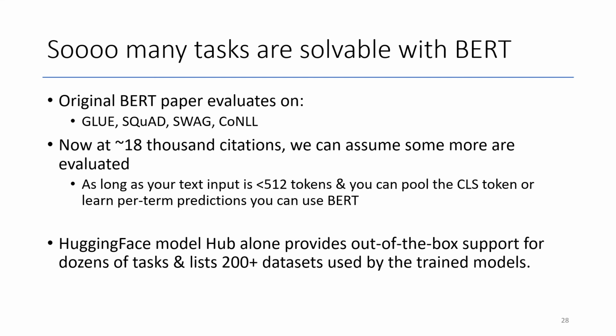So the original BERT paper evaluates on 4 different major tasks, but now with over 18,000 citations, we can assume that some more have been evaluated. As long as your text input is lower than 512 tokens, and you can pool the CLS token or learn a per term prediction, you can use BERT.